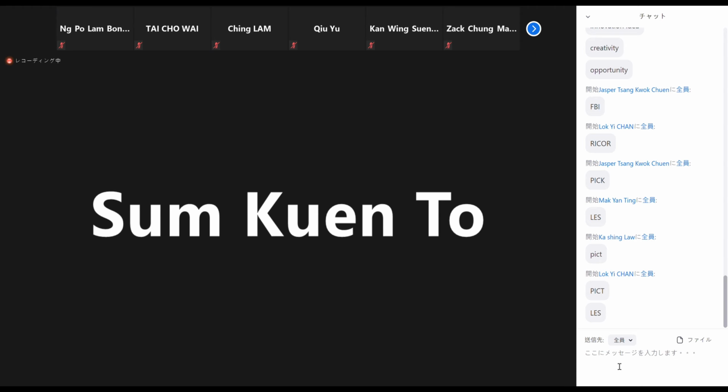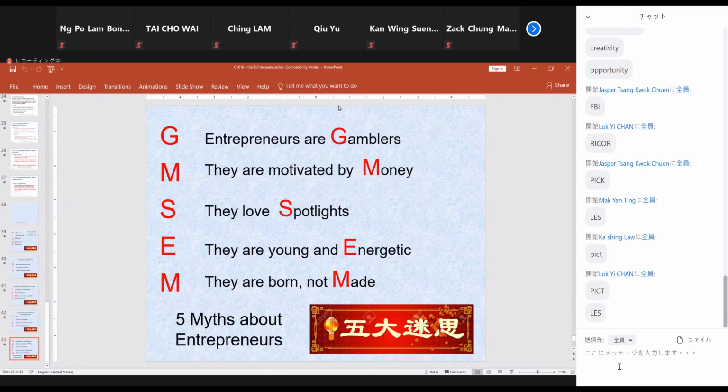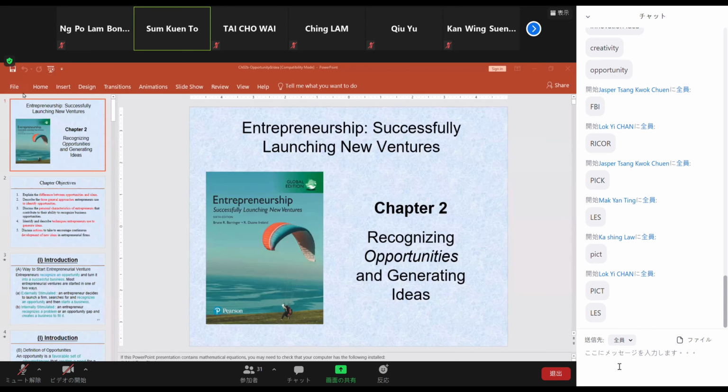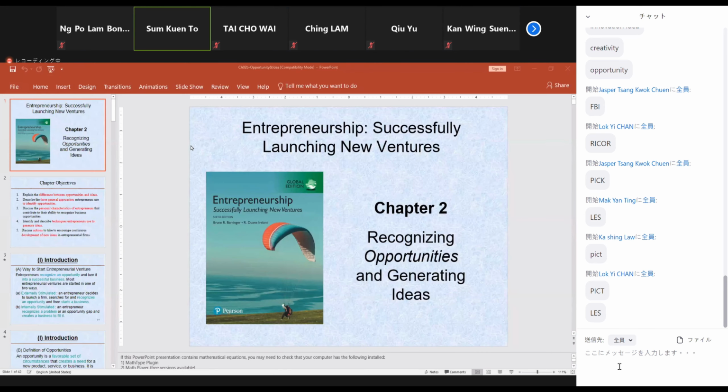Okay, and now here comes chapter 2. As I mentioned earlier, recall. The O stands for opportunity, and the I stands for innovative idea.